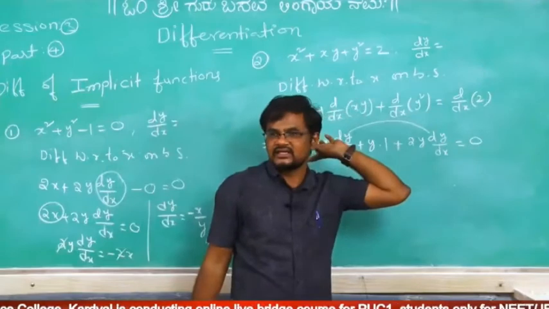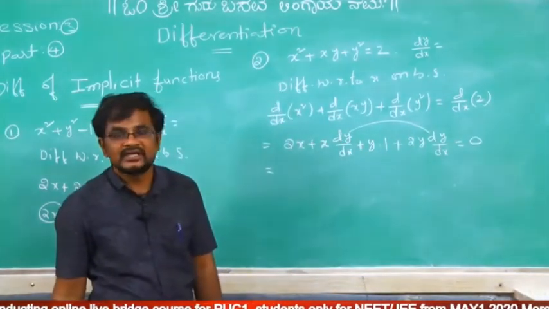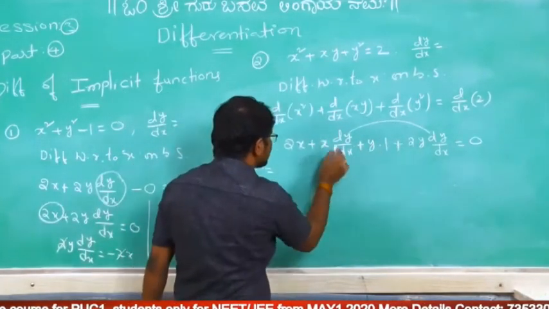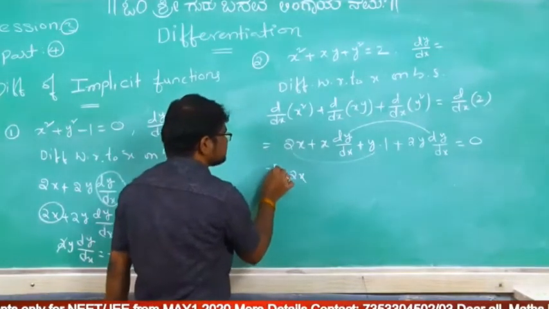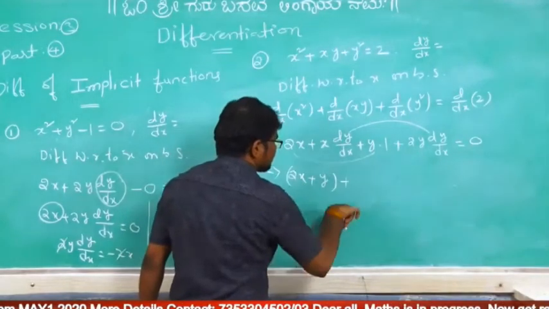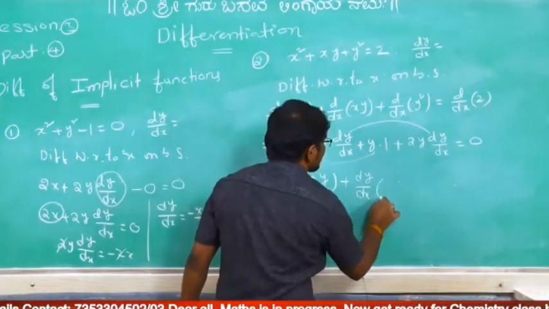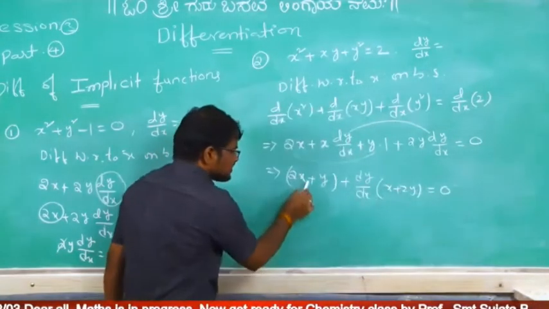Now in these two what we can take common, because we have to find dy by dx? Dy by dx. Now if you take dy by dx in these two, the remaining two terms are this one, so 2x plus y, plus, in these two dy by dx common, x plus 2y, equal to 0. This one take that side.